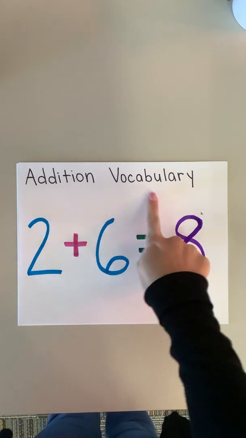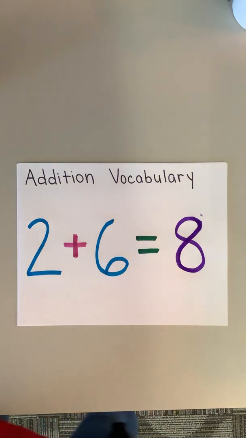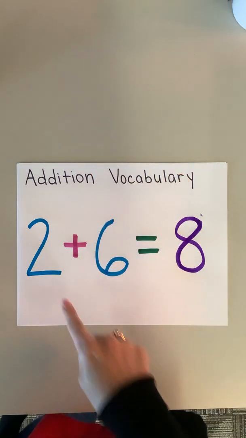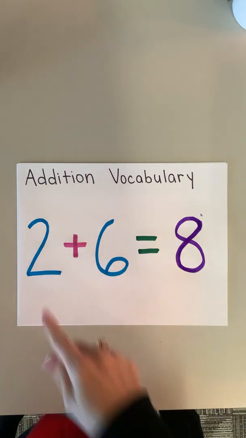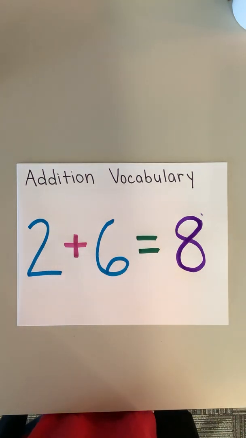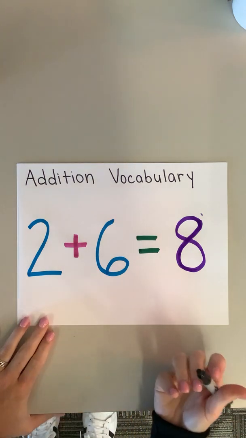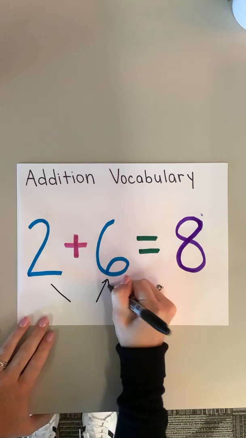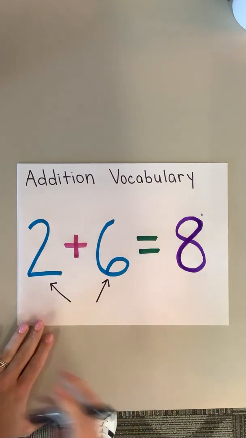Before we start learning some more strategies that we can use to solve those problems, we're going to review our addition vocabulary. There are 4 parts in an addition problem, and I have broken this problem into 4 different colors. The first part of an addition problem are these 2 numbers that are in this problem in blue.